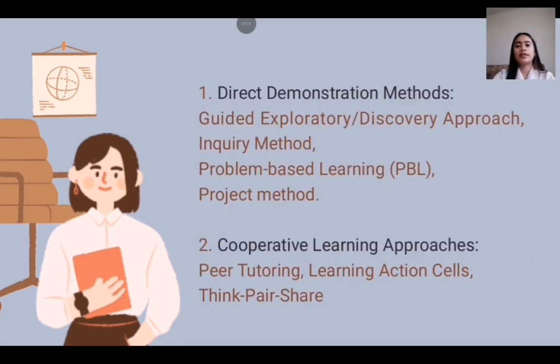So, the first is direct demonstration method. It is a guided exploratory discovery approach, inquiry method, problem-based learning, and project method. So, in a teaching strategy where a teacher shows students how to do something, the teacher gives clear and direct instructions so that the students will listen and follow what the teacher says.